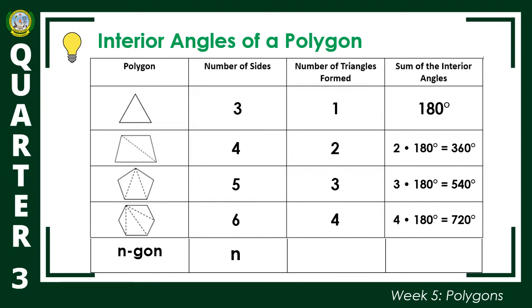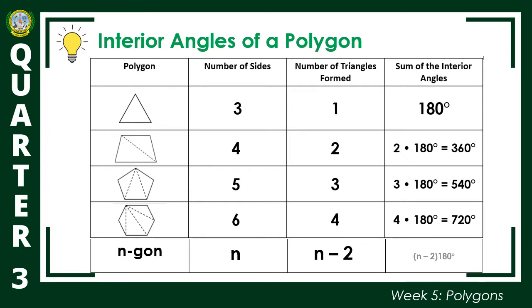Meaning, if we are given n sides, we are going to subtract 2 from n, and that is n minus 2.